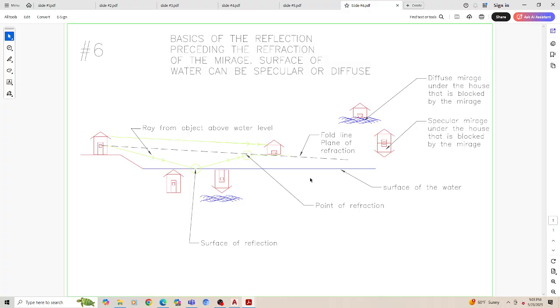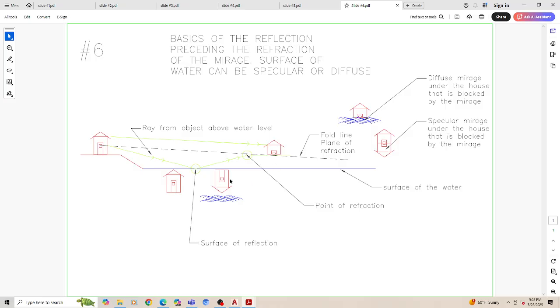But when you see an observation where something disappears below a water line, you're assuming that you're looking at the water. You're not realizing that you're looking at the diffuse mirage of the water. Okay, you're looking at water that's really not in line as a straight line of sight.